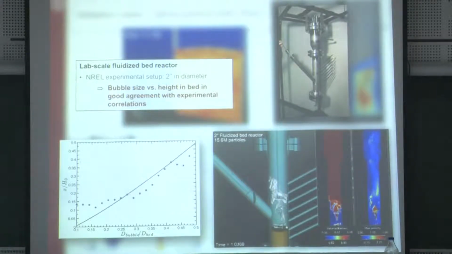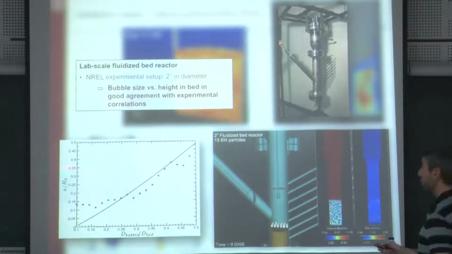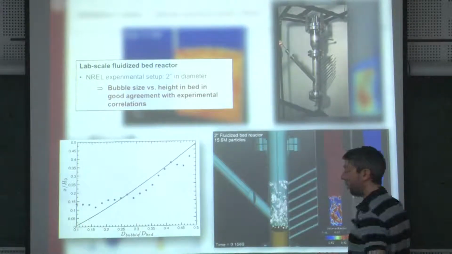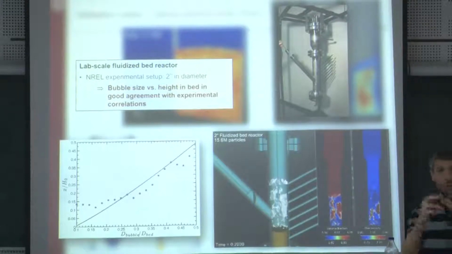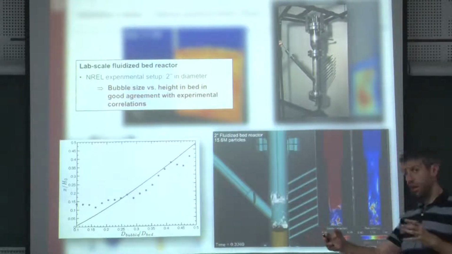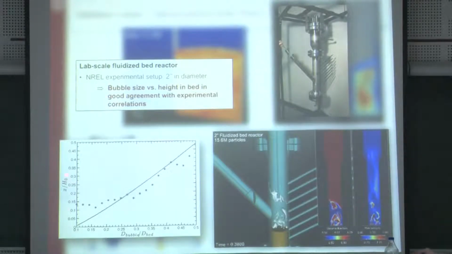There's a good number of experimental correlations for bubbling fluidized beds, and probably the most well-used one looks at the ratio between the bubble size, the region devoid of particles, divided by the bed width, as a function of the height of the bubble centroid.